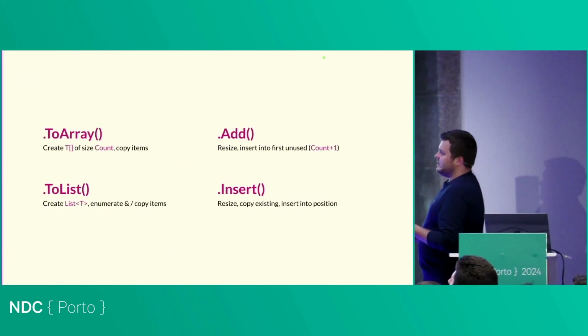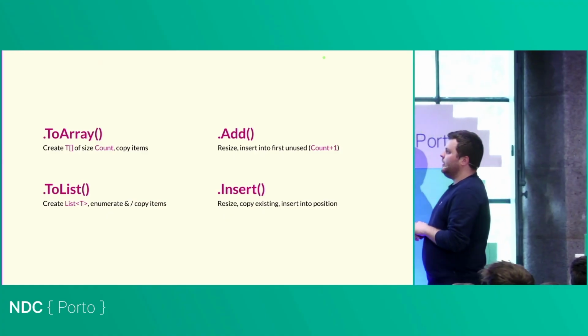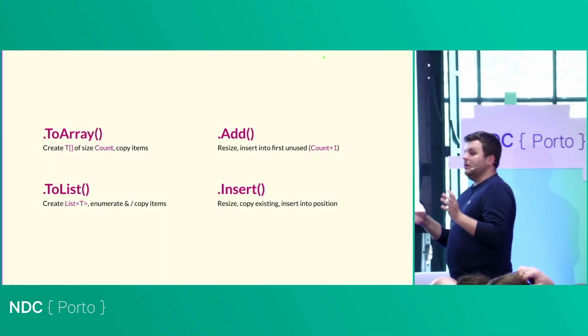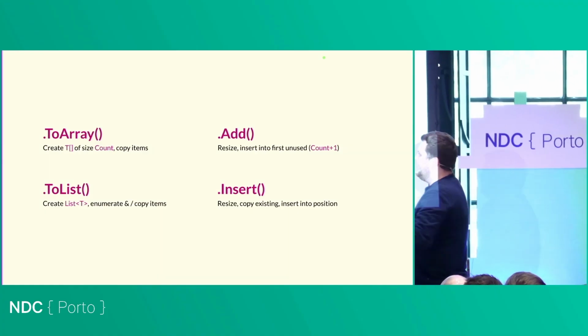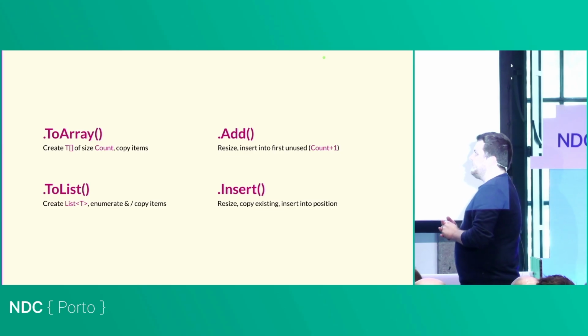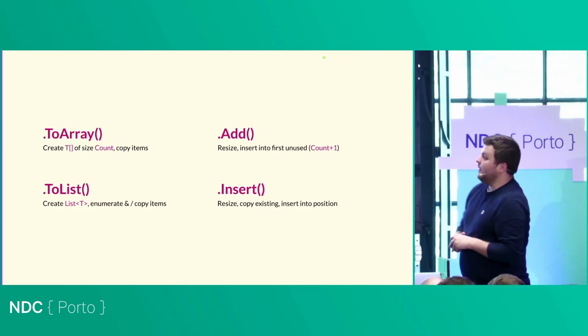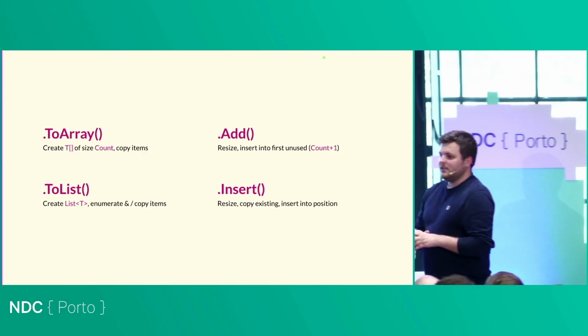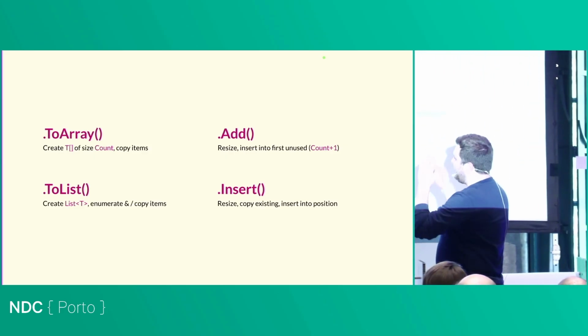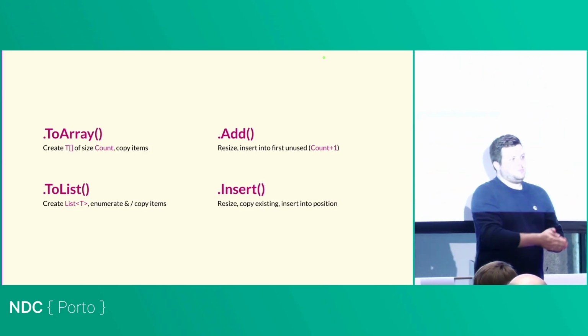ToArray is a similar method. This allows you to create a brand new array of T, of type, and if you call that on any IEnumerable, it will enumerate it and copy every single item into the new array that's been created.